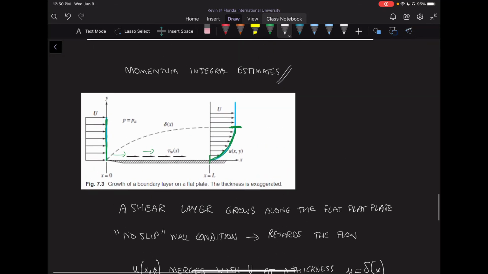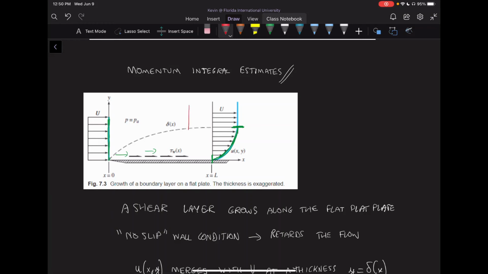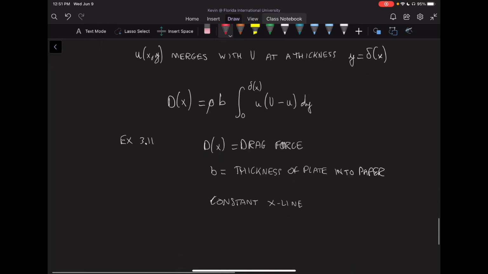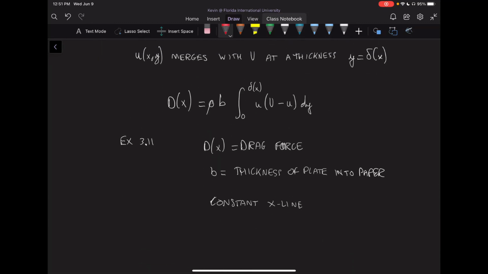So we're essentially doing the integral along a constant x, and we're just looking at the integral of momentum as a function of the height. You can look at example 3.11 to see how this equation was derived, but we can use this equation to understand how the drag force is applied to a boundary layer.